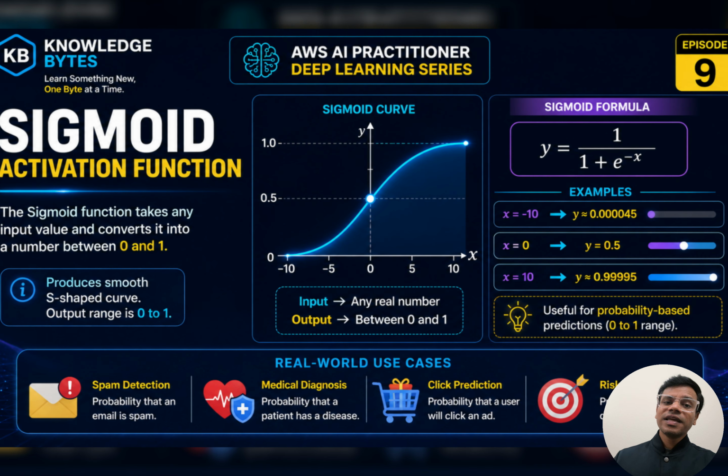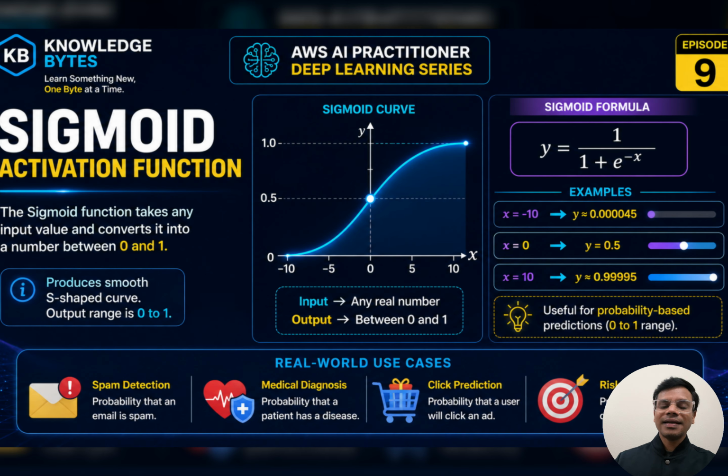If the input is very positive, the output is close to 1. Because the output is between 0 and 1, sigmoid is useful for probability-based predictions. For example, is this email spam, is this patient at risk, or will this user click an ad or not?